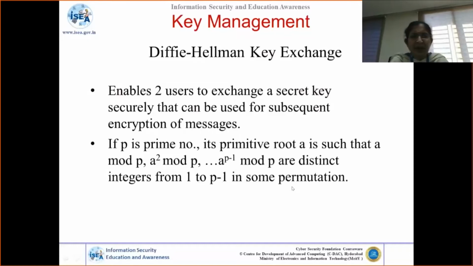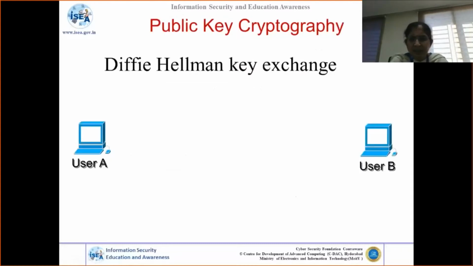The permutation can be anything, but if I choose A as a primitive root for P and calculate A mod P, A square mod P, and so on, the results are distinct integers that fall between 1 and P minus 1, in any permutation. Okay, we use this in this particular case. Just see how it is going to work.